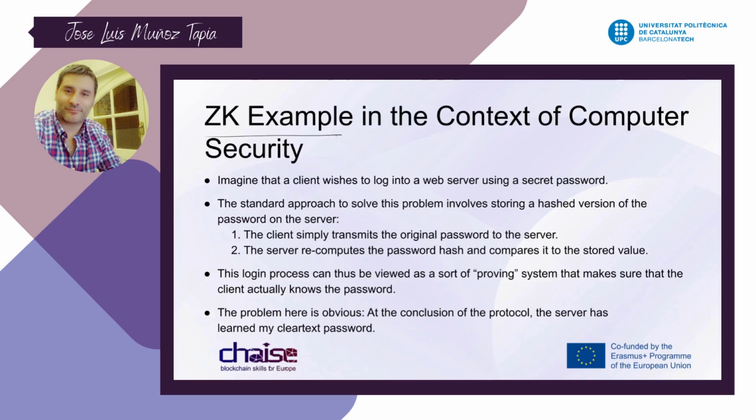Typically what happens on the internet, in the servers, you provide the user and password, and then the server essentially checks that the password is okay. To be more precise, typically servers just store the hash of the password, and when you provide the password, they hash it and check that the stored version is the same. But anyway, you need to provide the password.